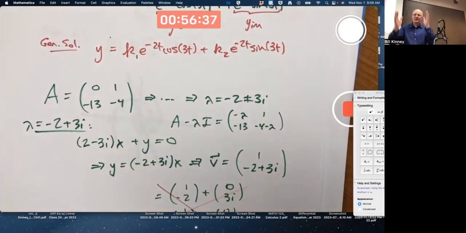If I put those complex vectors in a 2x2 matrix P to get a complex matrix, then if I did P inverse AP, I'd get a diagonal matrix, but the diagonal entries would be complex numbers.